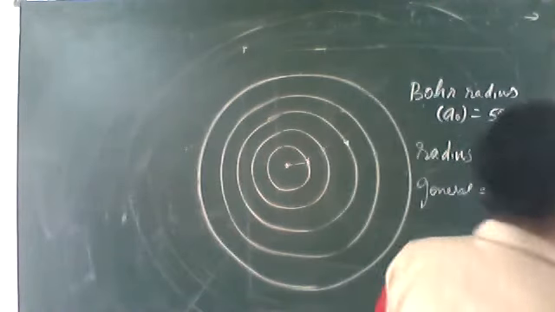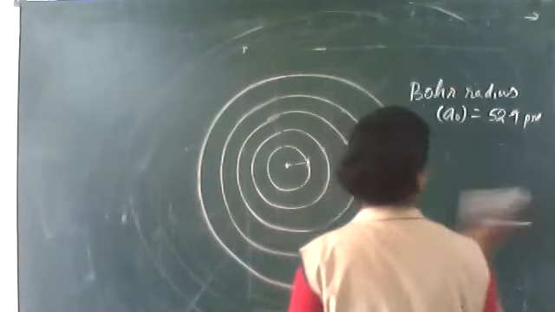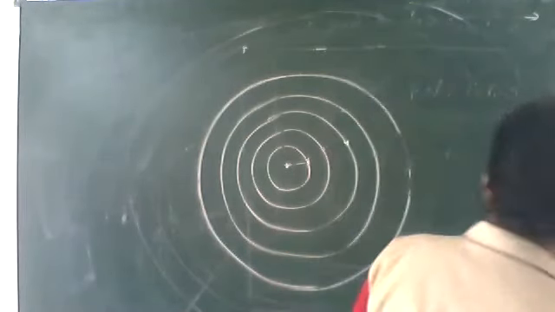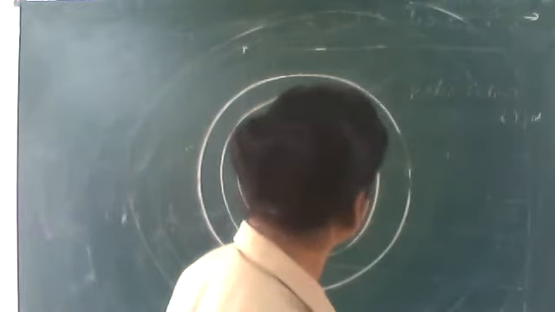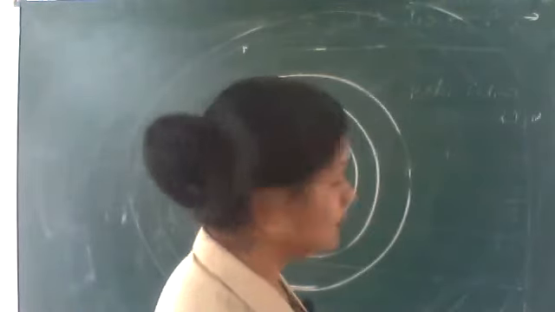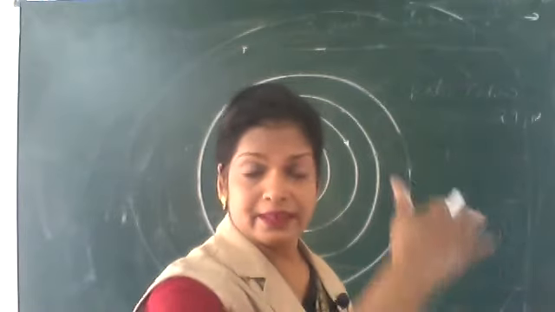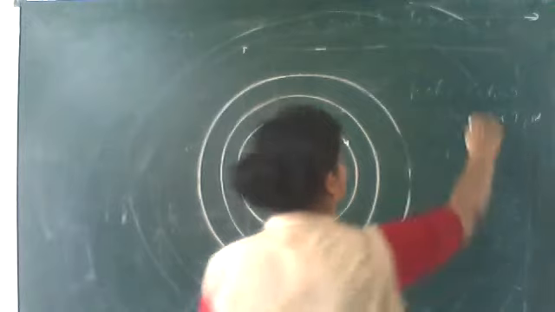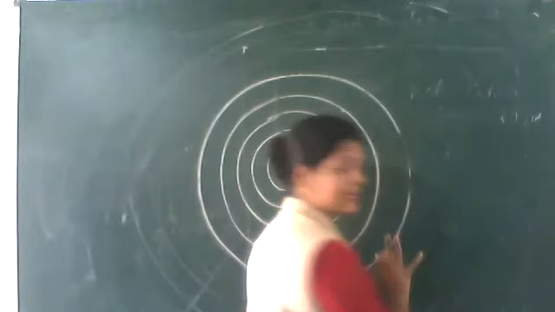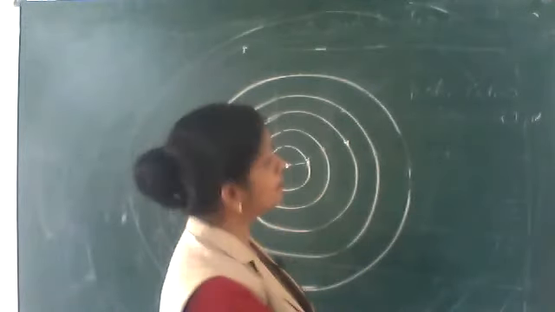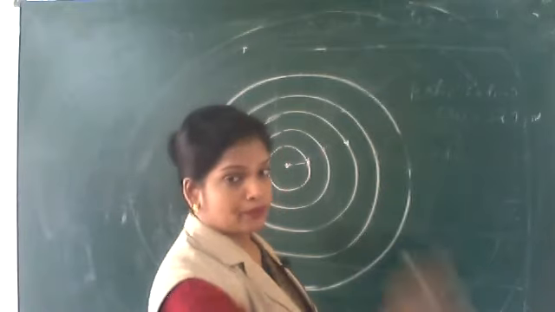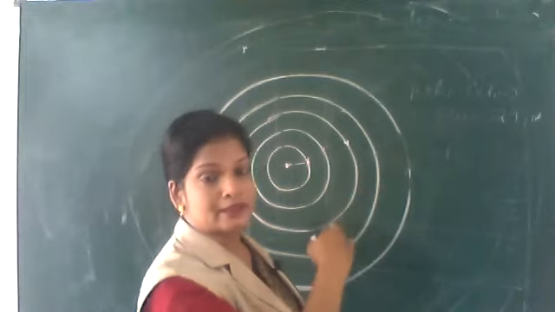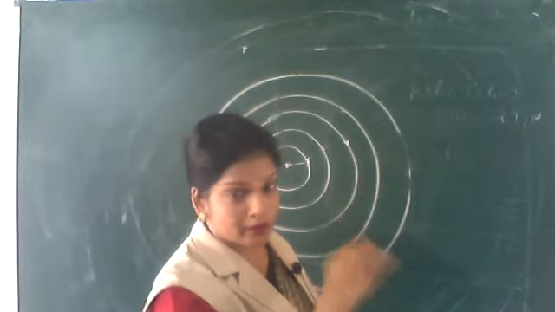Energy of an electron is given by, which is the highest energy? That is 0. Highest energy means at infinity. In this atom, if you consider the highest energy, that is 0. When you come down to the inner shell, it becomes more and more negative.